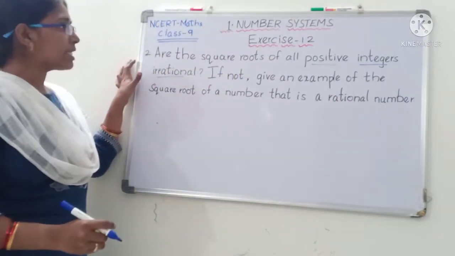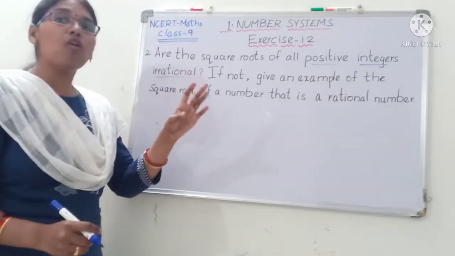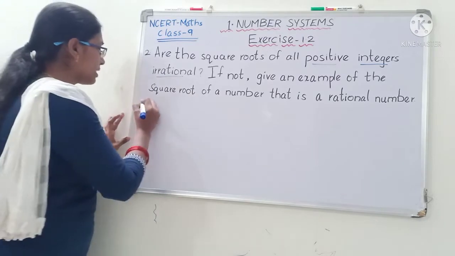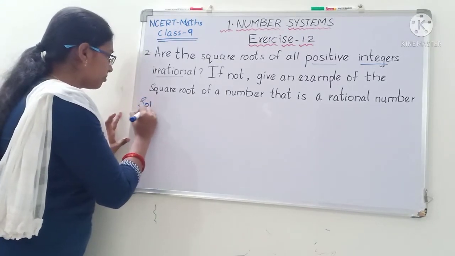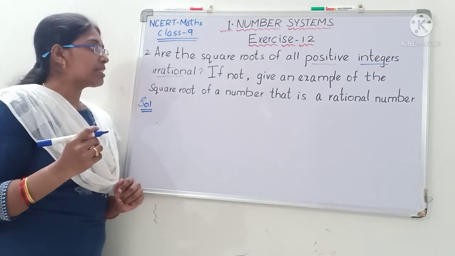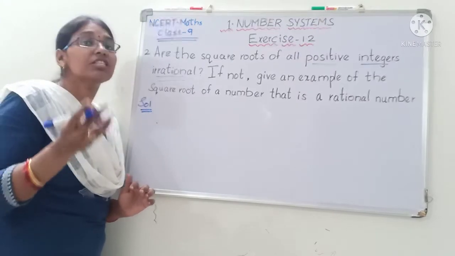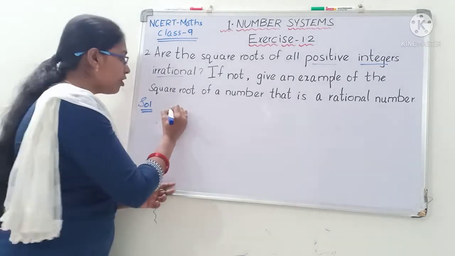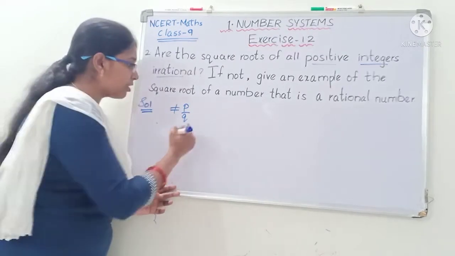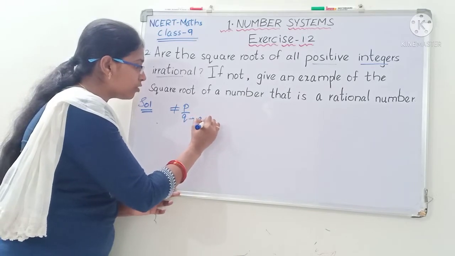So children, they are asking if square roots of all positive integers are irrational. Let's see, children. Irrational numbers are the numbers which cannot be expressed in the form of p by q, where q is not equal to 0.